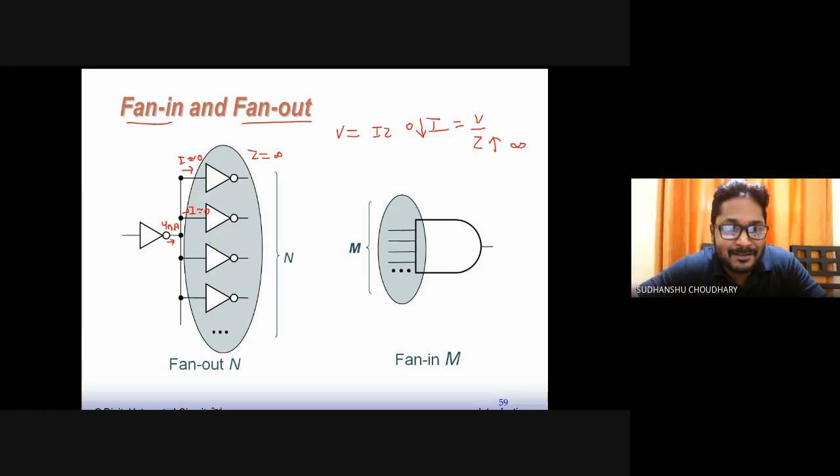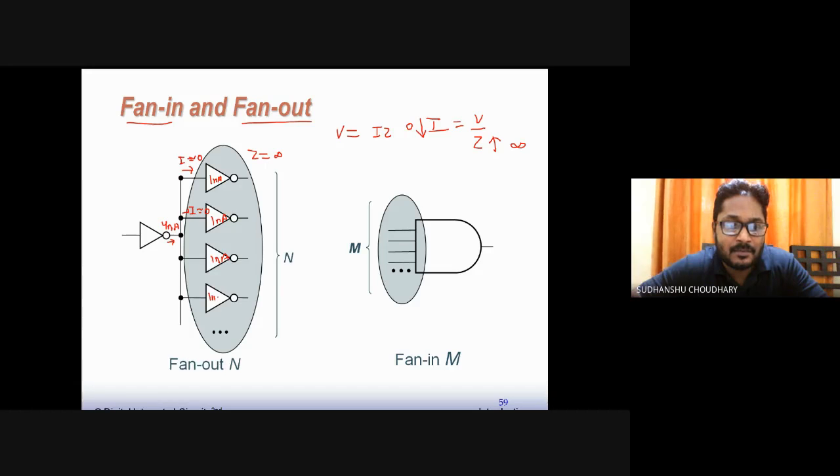And let us say that the requirement of these inverters is that at least 1 nanoampere will be drawn by each inverter. Okay? So how many inverters can I connect?